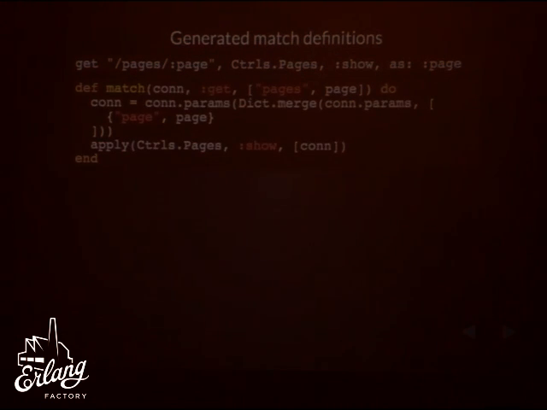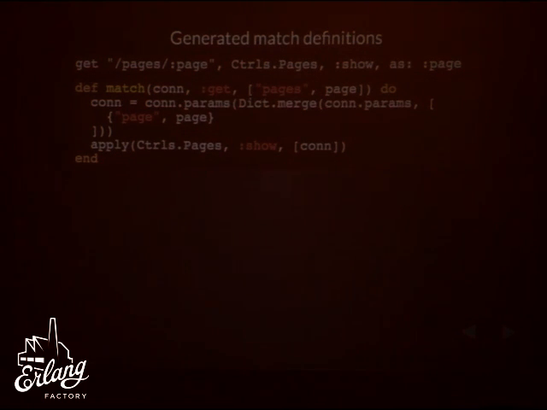When the macro for get pages :page runs, all it does is generate the code that you see here. It generates a function named match, pattern matching on the request type, which is get, and then it splits the request path by /, and then pattern matches on each segment. So we have pages as a string, we'll pattern match on that directly.